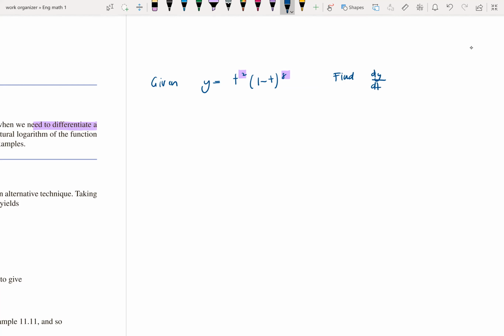Okay, so we have to take logarithm on both sides.